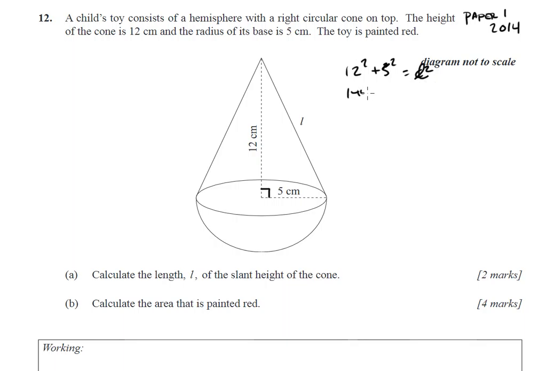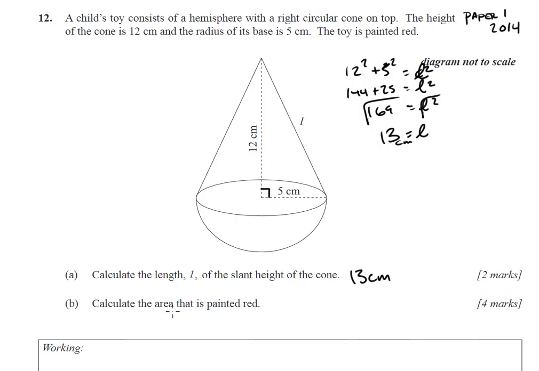So 144 plus 25 equals L squared, and that's 169. Square root both sides, and we get that L is 13 centimeters. So the length of the slant height of the cone is 13 centimeters. Put your label on there and make sure you get all your points.